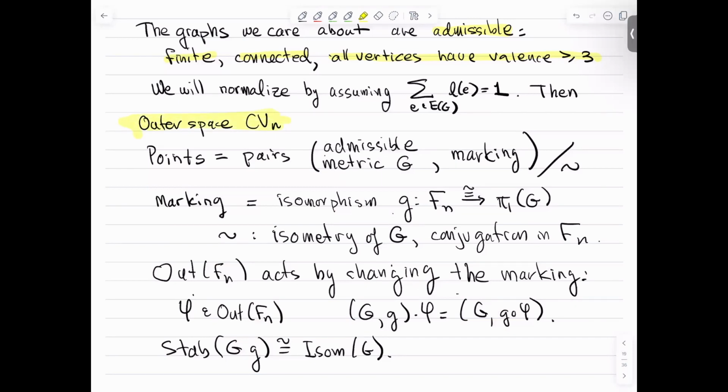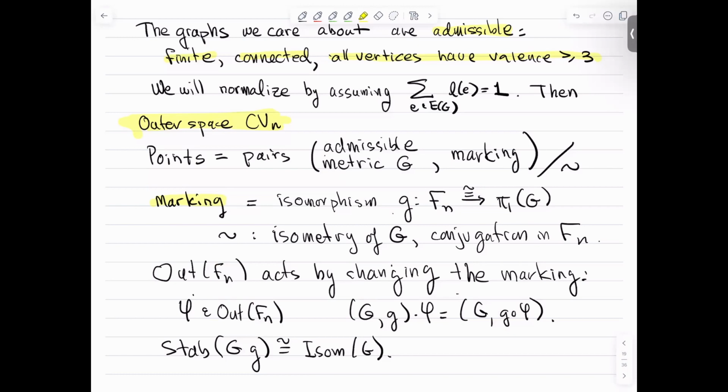So the points consist of an invisible metric graph, but each of these graphs has a marking, and there's an equivalence relation. A marking is an isomorphism between the free group of rank n and the fundamental group of the graph. Now, notice I haven't chosen base points on my graphs, so this isomorphism is only well defined up to inner automorphism.